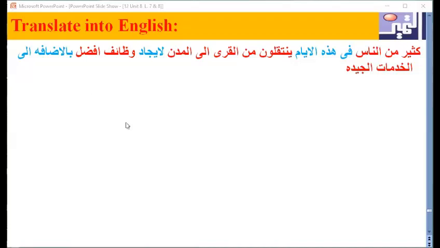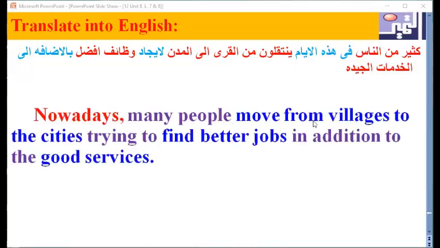Let's see: nowadays, many people move from villages to the cities trying to find better jobs in addition to the good services. It's very easy, but I'd like you to memorize the new vocabulary in order to help you a lot. You have to take into consideration the tips and techniques of translating from Arabic into English, and this will help you a lot.